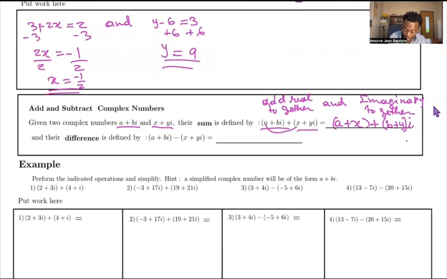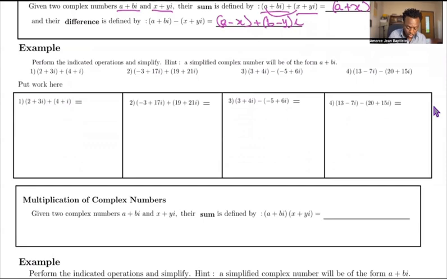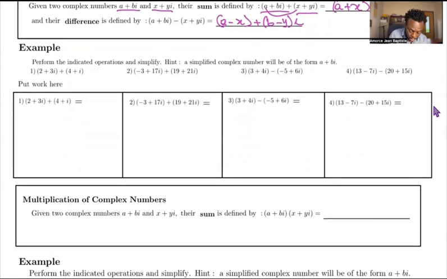And subtraction will be the same. That will be a minus x plus b minus yi. Let's practice. I want to add 2 plus 3i and 4 plus i.